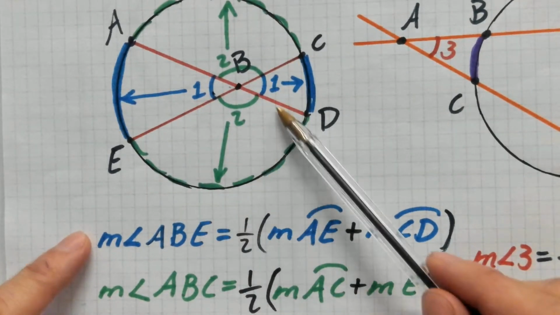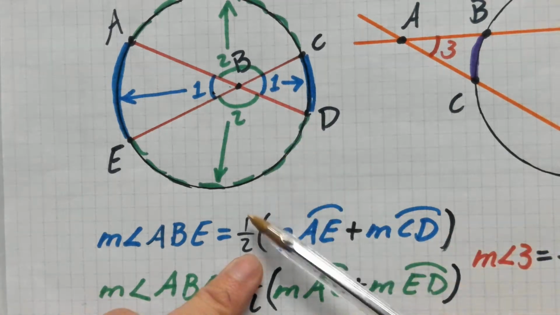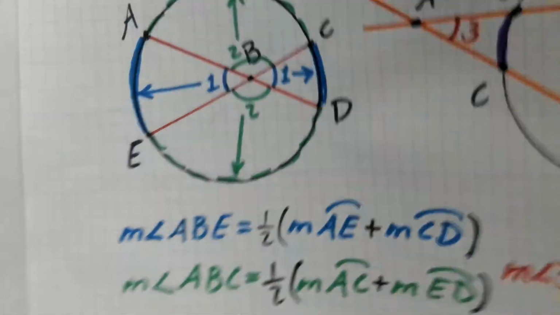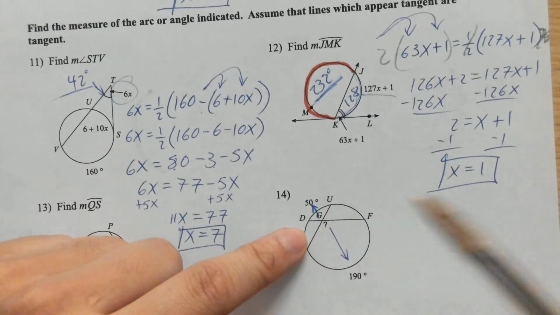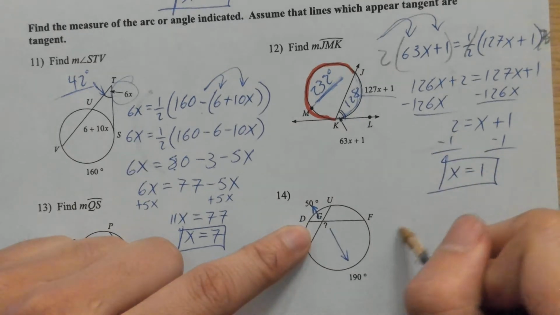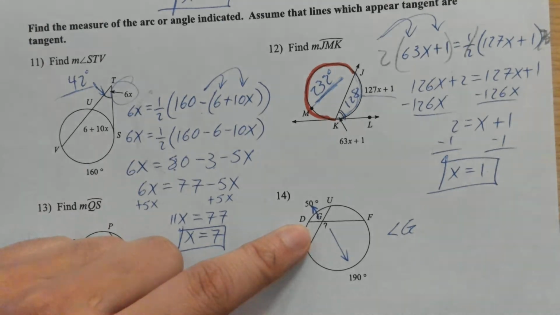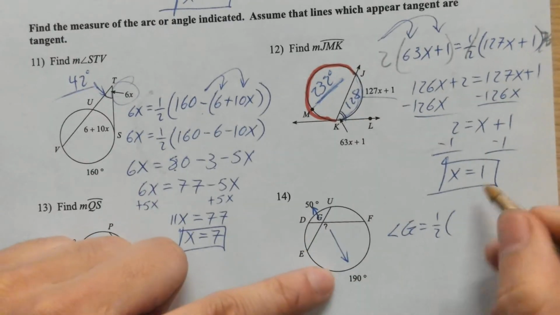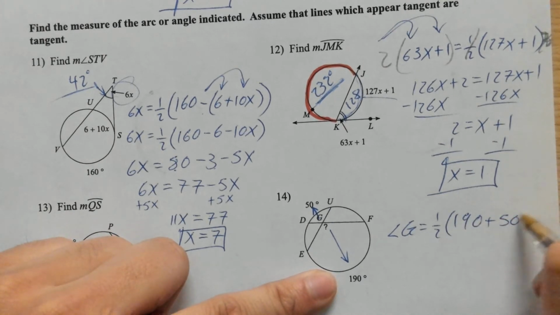And the formula is that the angle I'm looking for equals 1/2 the two arcs added together. So that's what I want to do here. The angle that I'm looking for, let's just call it G, equals 1/2 the two arcs added together, 190 plus 50.